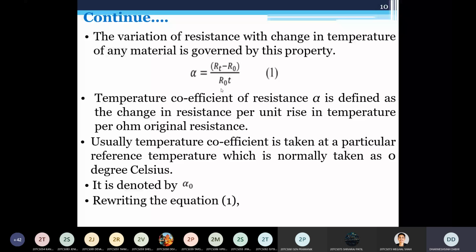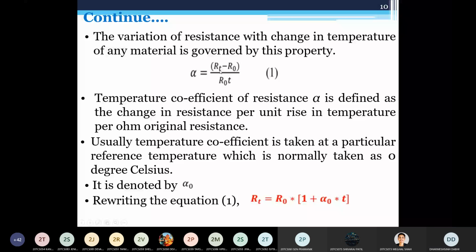If you rewrite the first equation, it becomes RT minus R0 equal to alpha 0 into R0T. After simplification, the value of resistance at temperature T becomes R0 into 1 plus alpha 0 into T. This is the simplification of equation number 1.